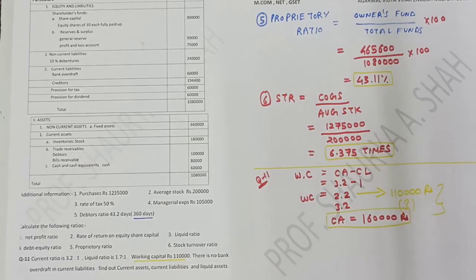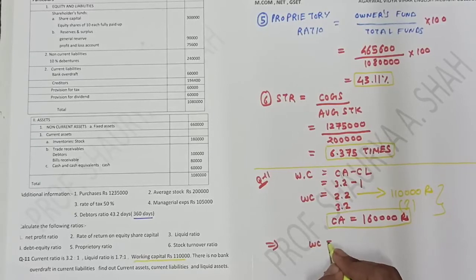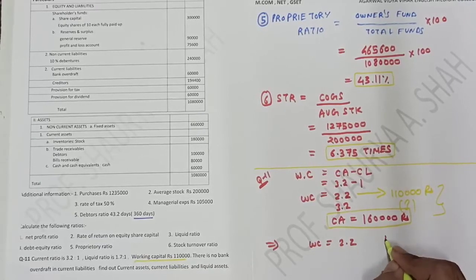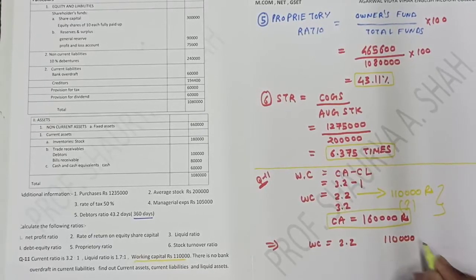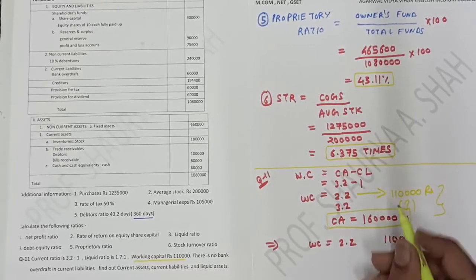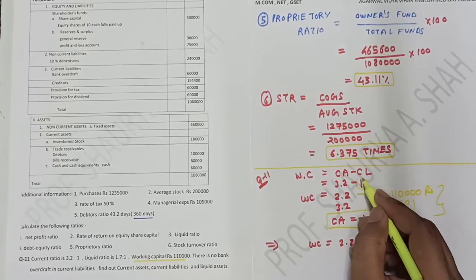Cross multiplying it and knowing the formula for working capital. Fine. The next thing they have asked is current liabilities, right? So again putting in the same equation, if my working capital is 2.2, that is equal to 1,10,000 rupees, so what is my current liability? My current liability is 1, as you all know.